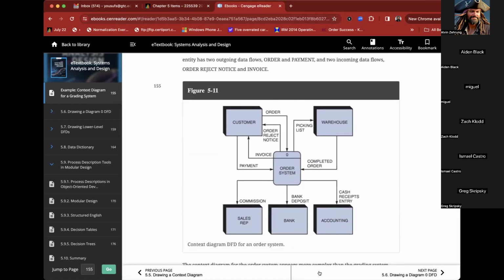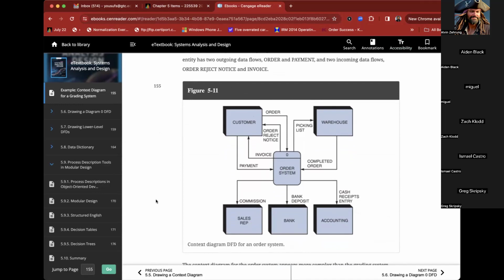Is this also at context level 0? Figure 5.11? Yes. Again, we are treating the entire order system as one unit, and we have already talked about the 5 external entities that will work on this system.